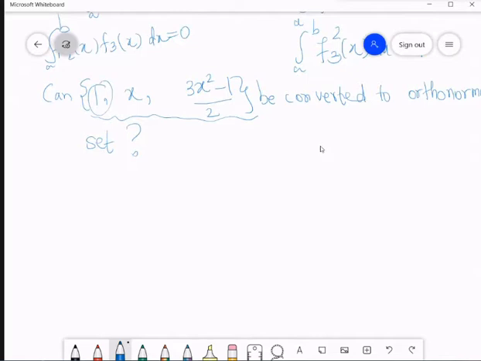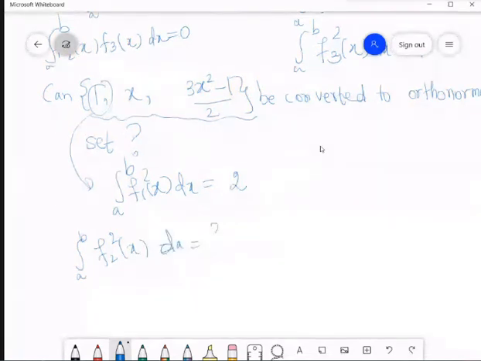The integral of f1 square dx, as I have considered in the previous case, was turning out to be 2. And the integral from a to b of f2 square dx was 2 by 3.